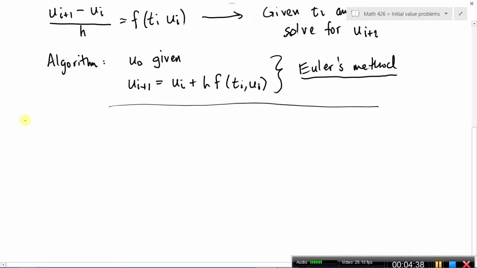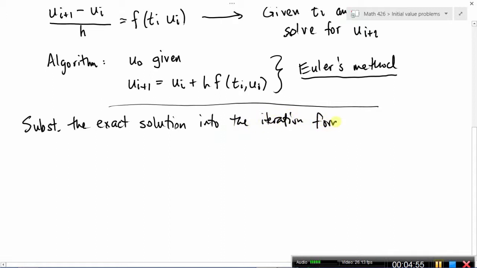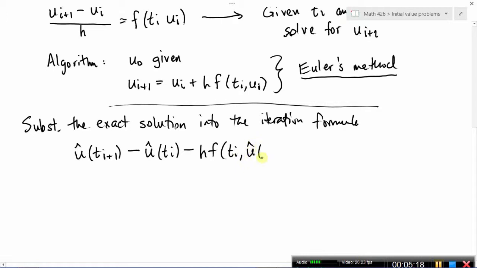So now what we can do is substitute the exact solution back into the iteration formula. All right, so that means u hat at time i plus 1 minus u hat at time i minus h f of ti, u hat at ti.